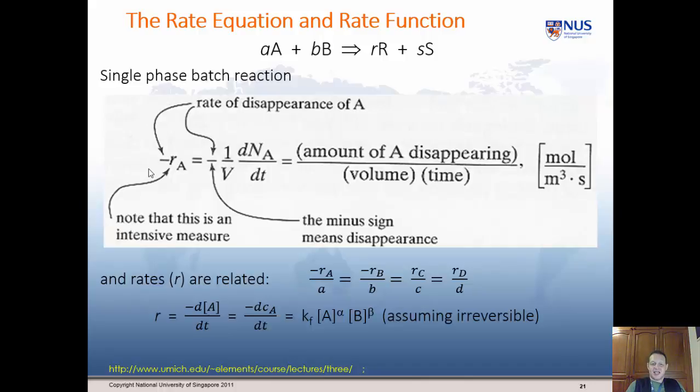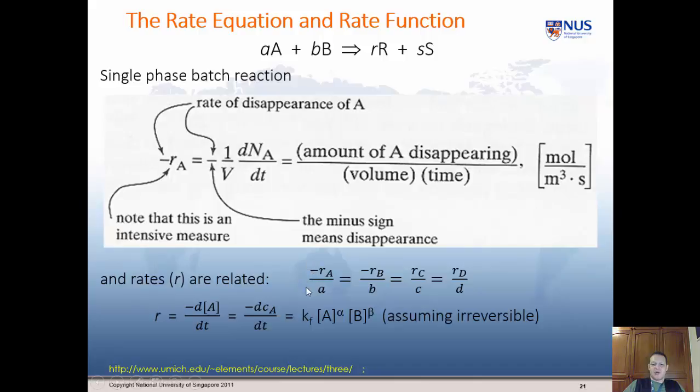It's about species A. Now, because species A is disappearing, there is a minus sign there. We would normally think of dNA over dt, which is fine. But we need to divide this by volume so that, if that's the number of moles of A, we then have moles per cubic meter per second. So we actually have a flux.